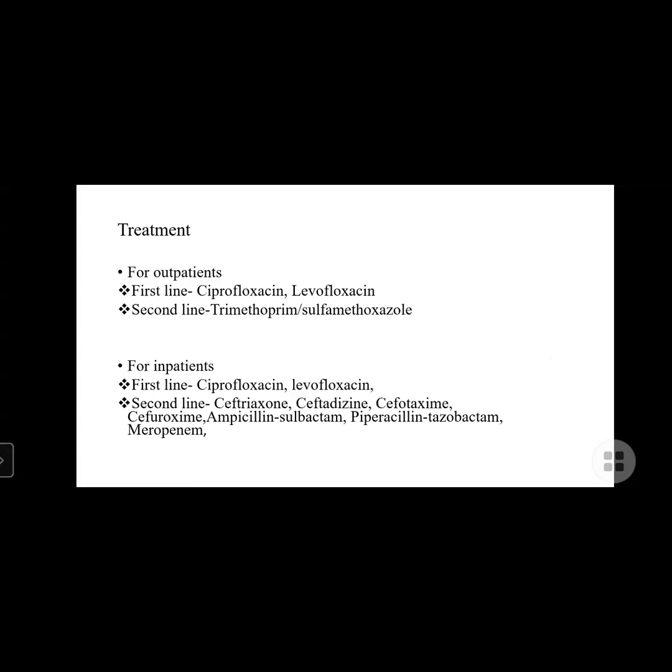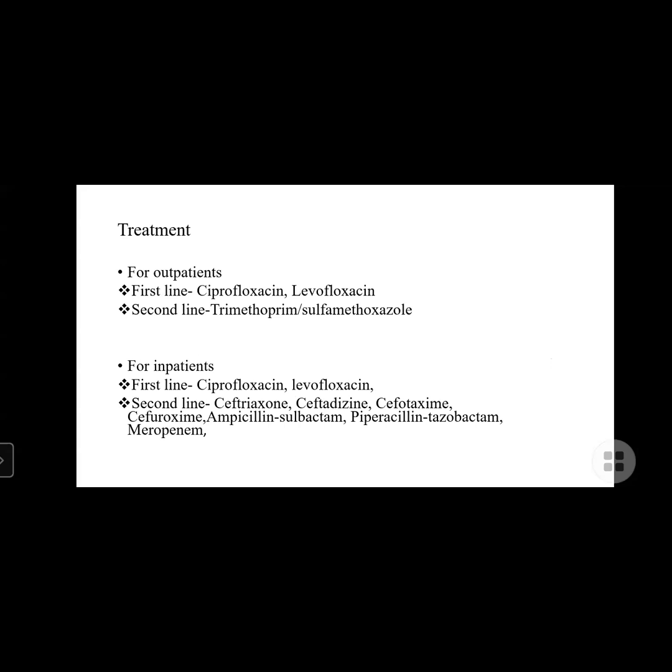For outpatients, the first line antibiotics usually used are the fluoroquinolones. We have ciprofloxacin, levofloxacin, and others. For second line, we usually go in for trimethoprim-sulfamethoxazole. For inpatients, first line, we go in for fluoroquinolones again, either ciprofloxacin or levofloxacin.